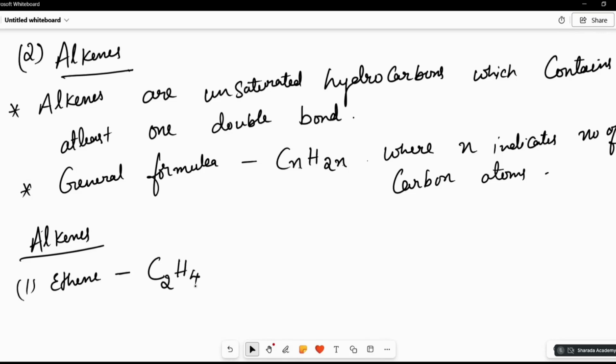C2H4. So we have two carbon atoms, double bond between them. So two bonds are already formed. So you will have the remaining two. So 2, 3, 4 bonds. And electron dot structure, carbon, you will have 2 here.